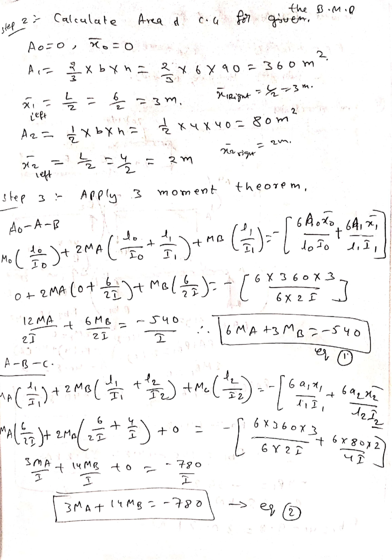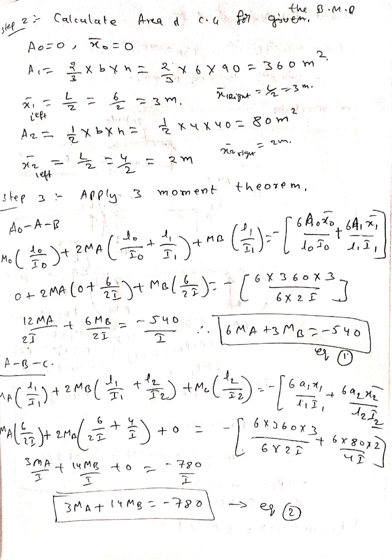Next, coming to span AB, the area is A1. The area of a parabola is 2 by 3 times B into H, which is 2 by 3 into 6 into 90, 360 meters squared. Now for span AB, x1 bar left is equal to L by 2, so 6 by 2, 3 meters. x1 bar right is equal to L by 2, 6 by 2, equal to 3 meters.